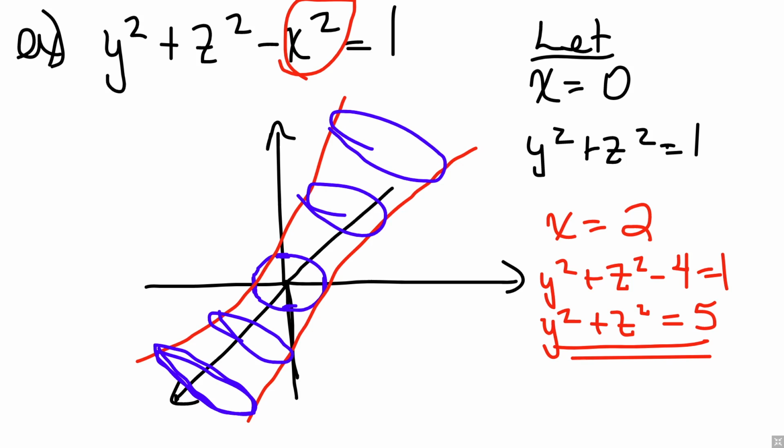Now, the only reason that it's going to look like this is because of the fact that we've got this negative x squared. Okay, if this was a plus, then we would simply be dealing with a sphere. Okay, so if the negative was in front of z, then this will be like this, but on the z-axis. If the negative was with the y squared, it would look something like this, but along the y-axis. Okay. Any questions?